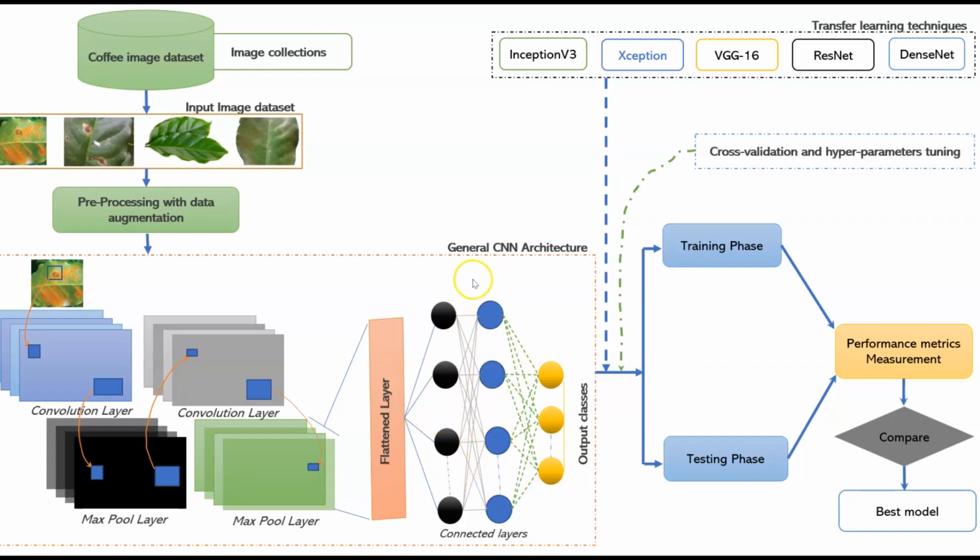So among those, we select different transfer learning techniques, Inception V3, and so on. The concern was to find the best among those 5 so that it can be deployed to the web platform and the mobile application.